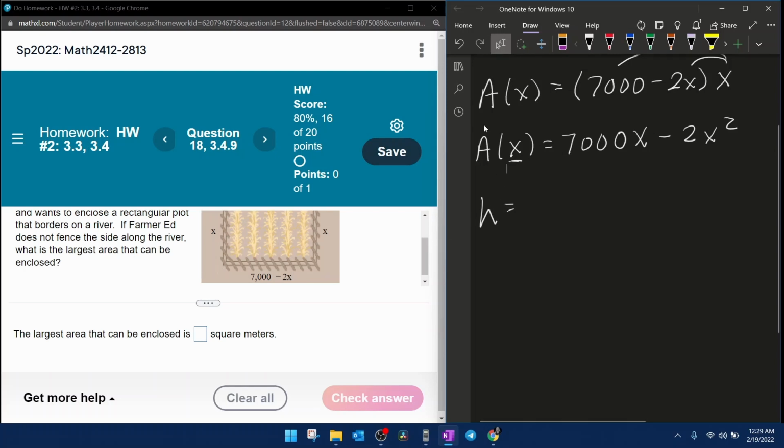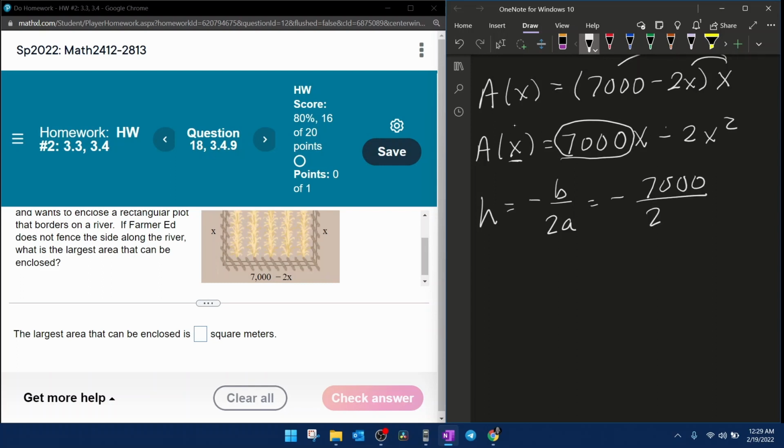No, the area is what you get when you plug in a particular value of x. So we're going to find that value of x that will maximize the area, which will occur at the x coordinate of the vertex. So that's going to be minus b over 2a, which b in this problem is the 7,000, and the a is negative 2.